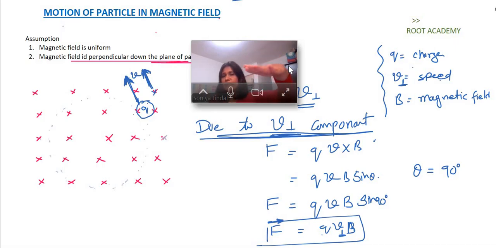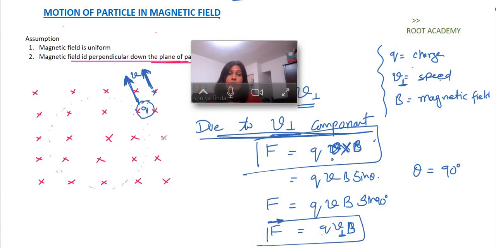Okay, so if my V is here and the magnetic field is down, this is the direction of force, because the direction of force is given by V cross B. So we take all the fingers in the direction of V and curl towards B. The force direction will be this.